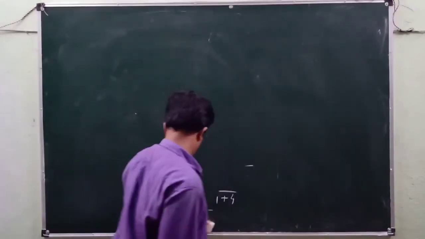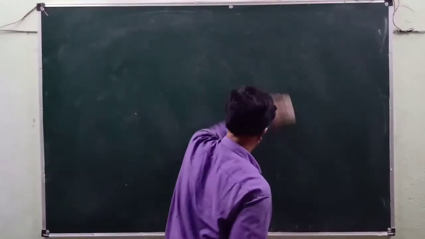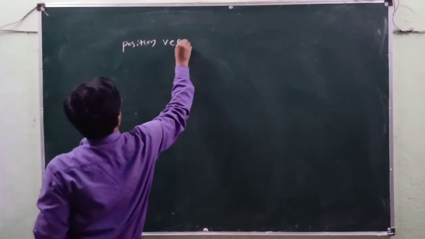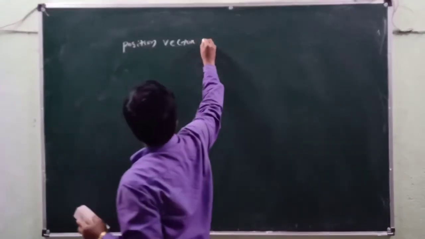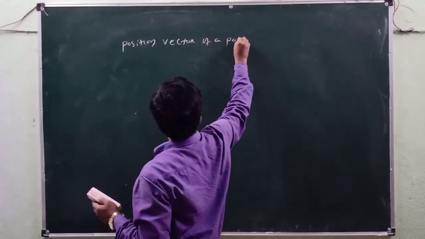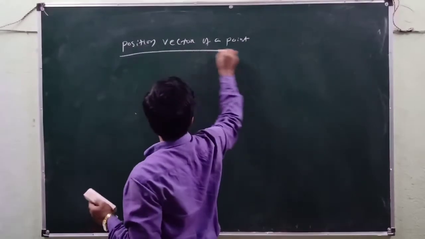Next comes the position vector of a point.